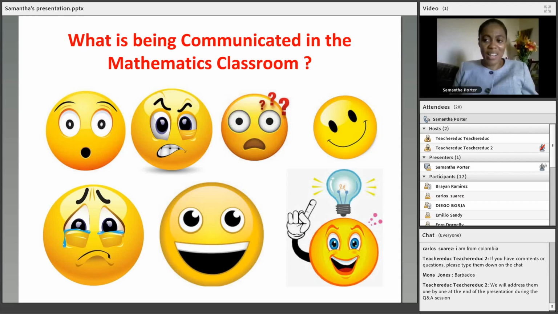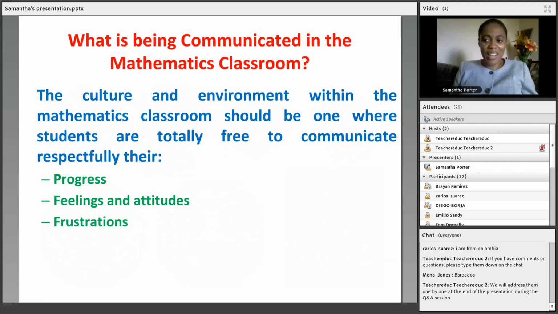So all these things are the emotions and feelings that as teachers we get to know when we allow our students to communicate within the maths classroom. And we can also address and transform these feelings from our students because we will get to know that our students are feeling this way when they are able to express these feelings in the classroom.